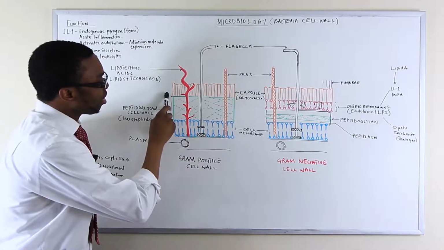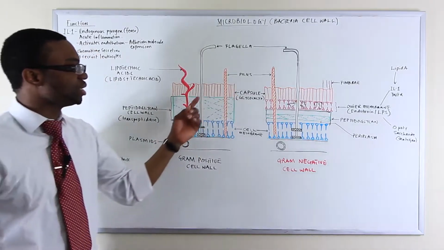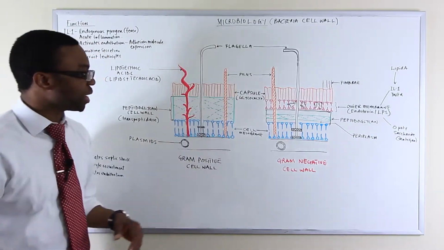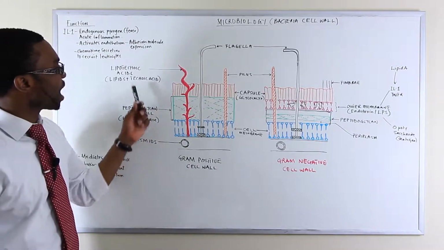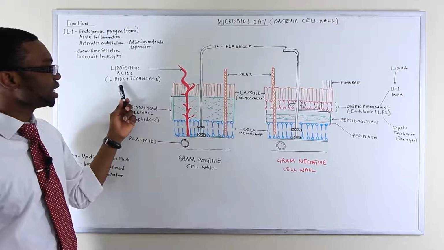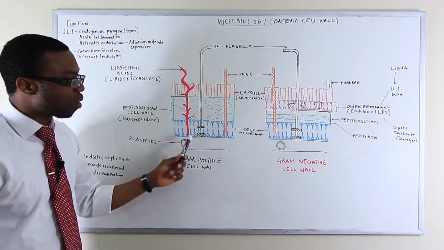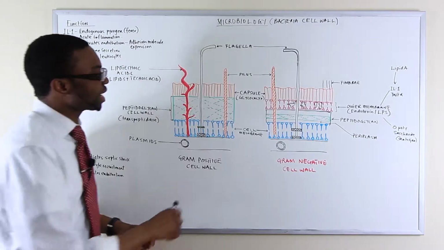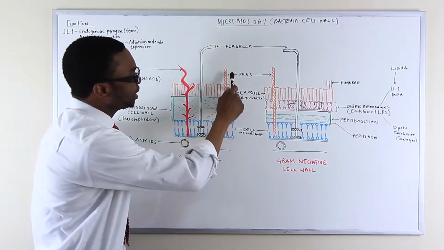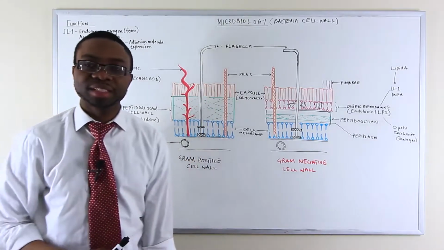Now, also at the external part of the bacteria, you see a capsule, and we shall talk about that in a moment. We also have lipoteichoic acid, which contains lipids, and teichoic acid, which is embedded inside the cell wall of a gram-positive bacteria. There's also a pilus, and bacteria do have flagella.